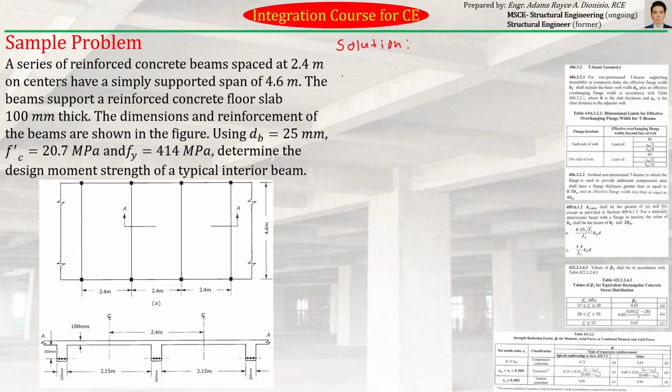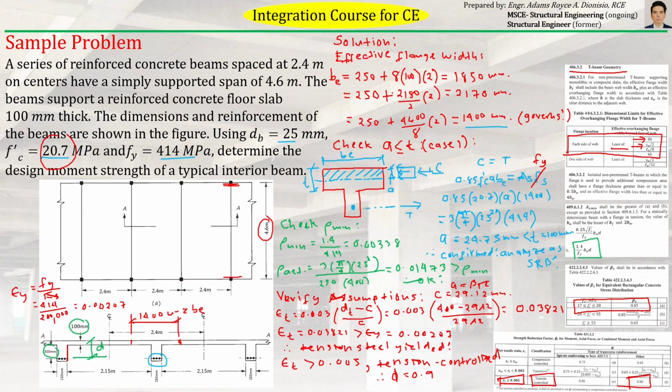Okay, so with that, we can now compute for the moment capacity netong T-section natin. T-section natin na to. Which is just, as we have seen, case 1 lang naman siya. So, yung moment capacity niya will just be the same sa moment capacity on how we computed the moment capacity ng singly reinforced. Okay?